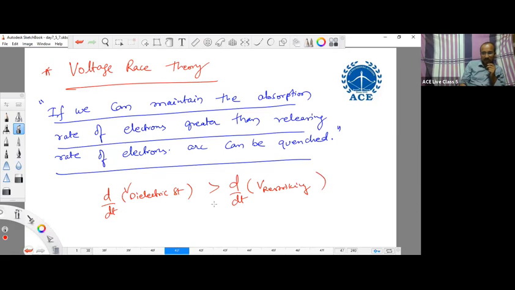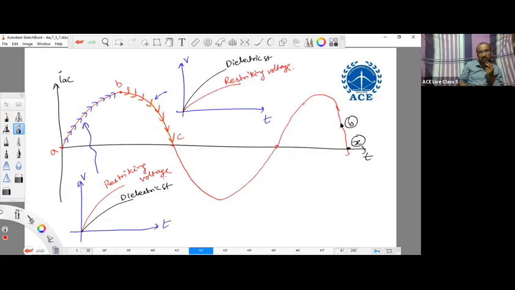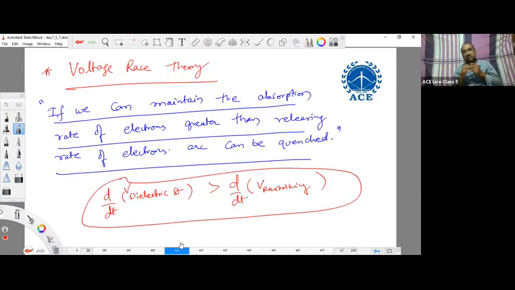So if the dielectric strength is rising more when compared to the restriking voltage, the arc can be quenched. That is possible when the current magnitude is decreasing from maximum to 0. These conditions must be satisfied. So these are the two theories which explain the arc quenching process.